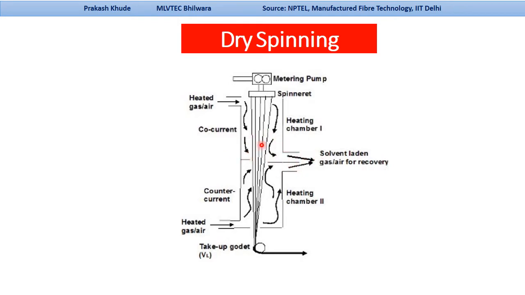So we have seen two systems, the wet spinning system and the dry spinning system. In wet spinning, the spinneret is kept in the coagulation bath, and whatever solvent was used is removed by chemical means, and in dry spinning systems it is evaporated by means of hot air.